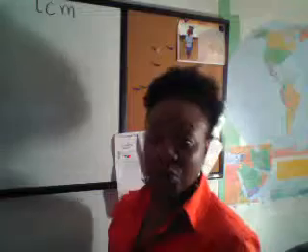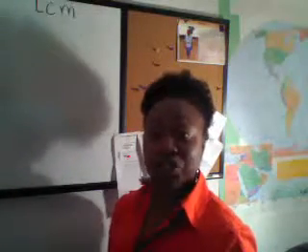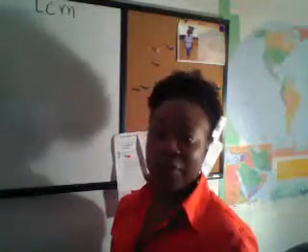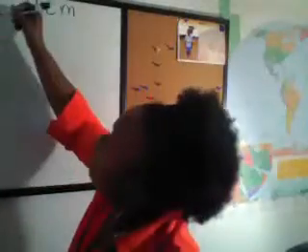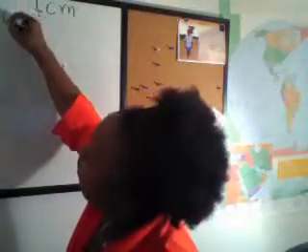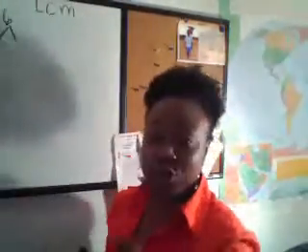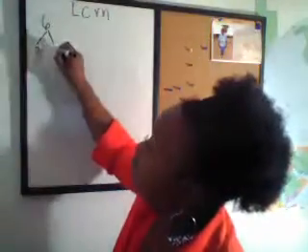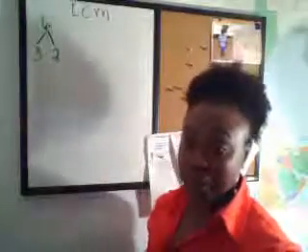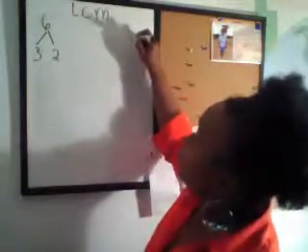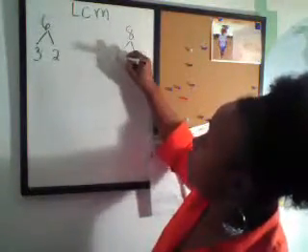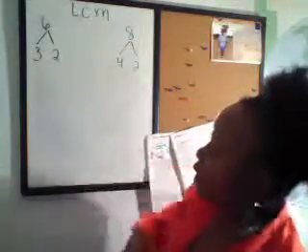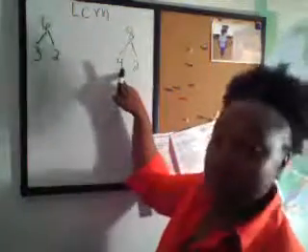The first thing you're going to do is find the prime factorization of 6 and the prime factorization of 8. So 6, if I break it down, the two factors for 6 are 3 times 2, okay? For 8, two factors for 8 are 4 times 2. But my 4 is a composite number.